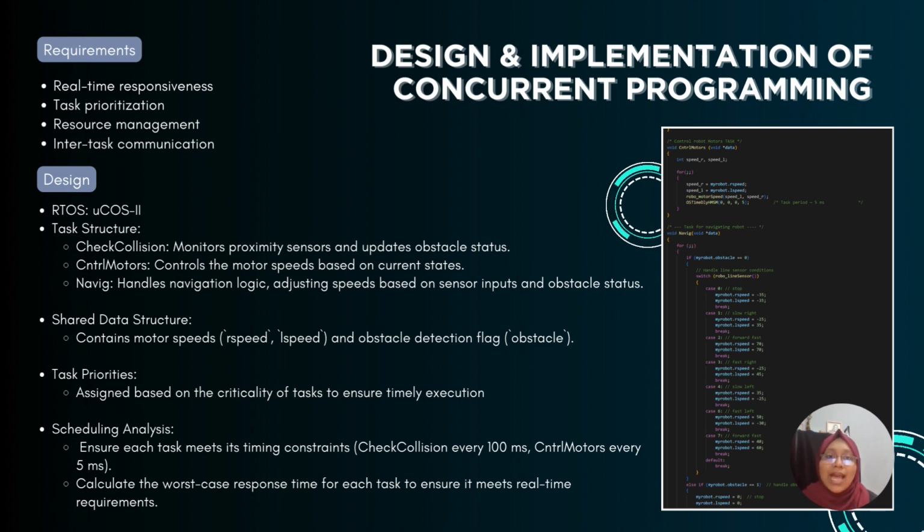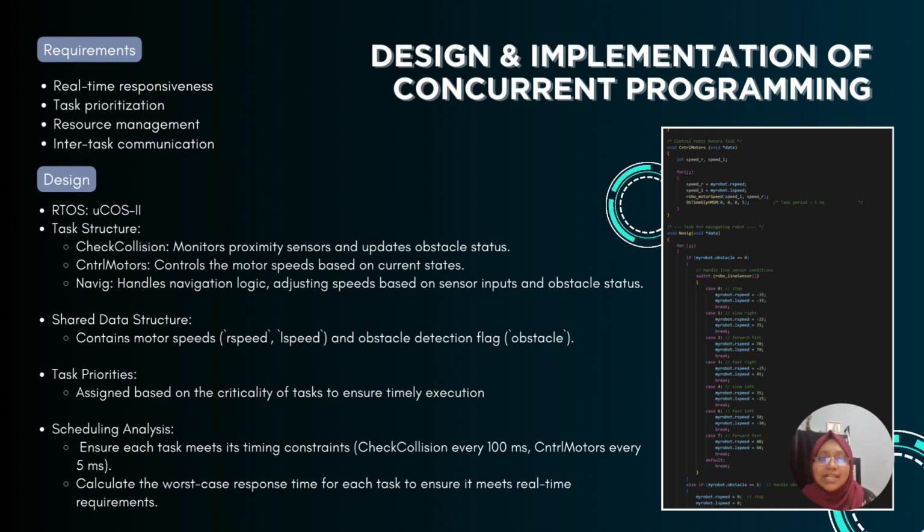Then we have a shared data structure, which contains the motor speeds, like right speed and left speed, and an obstacle detection flag, which is called obstacle. And as task priority, we have assigned based on the criticality of tasks to ensure timely execution.